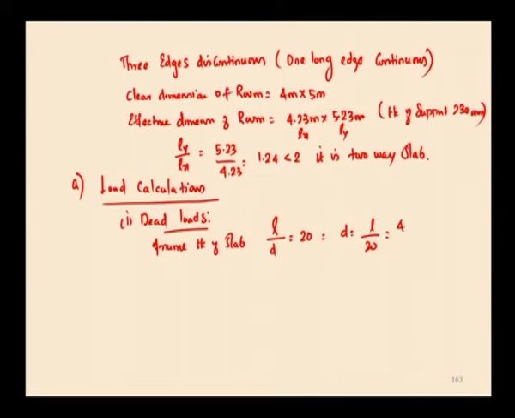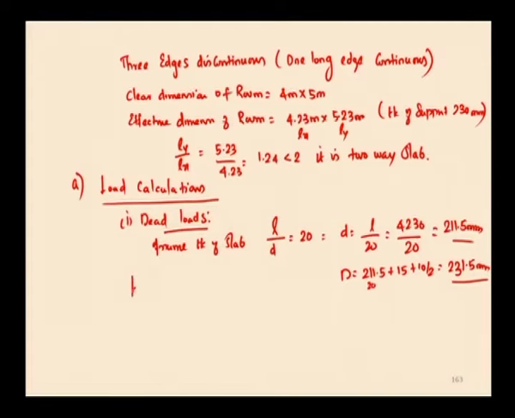So, D is equal to L by 20, which is equal to 4230 divided by 20, which is equal to 211.5 millimeter. So, the overall depth of the slab is 211.5 plus 15 plus 10 by 2, that is equal to 221.5 millimeter, so when you add, that is 231 millimeter.